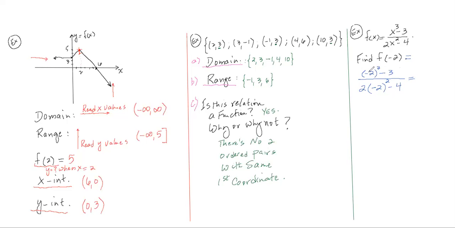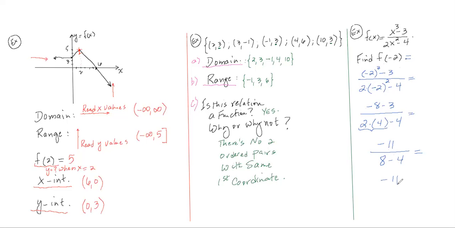So then if I simplify the top, I'm going to do the exponents first, which is -2 cubed, that's -8. Bottom, I do the exponents first again, so it's -2 squared, 4. Top is just simple subtraction, -8 minus 3. Bottom, you multiply first.